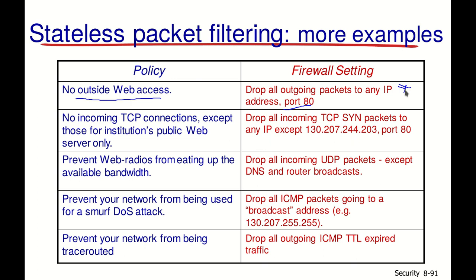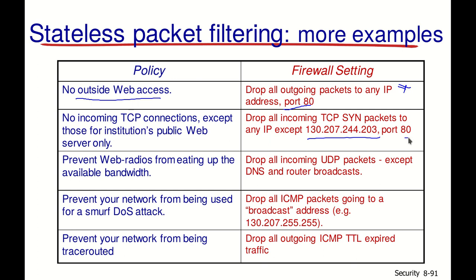We want to reject or deny all incoming TCP connections except those for the public web server. So basically, the default configuration is to deny all TCP SYN packets except for this one, which is the IP address of the web server, and port 80.